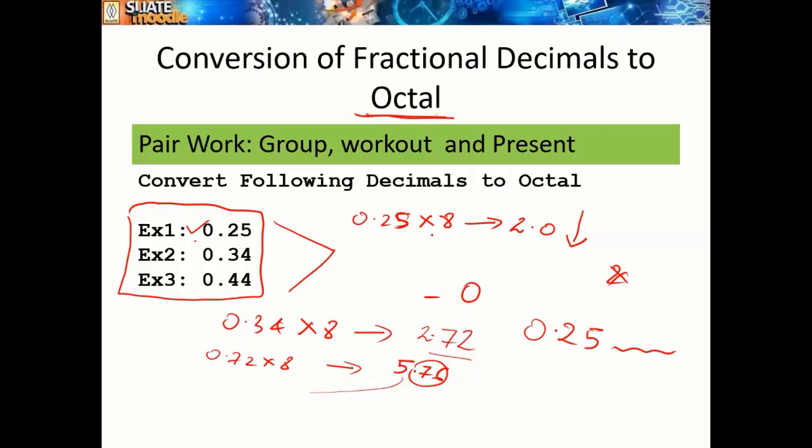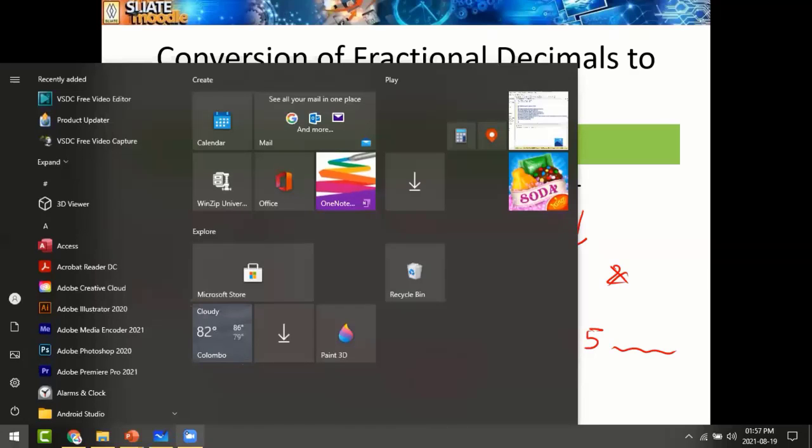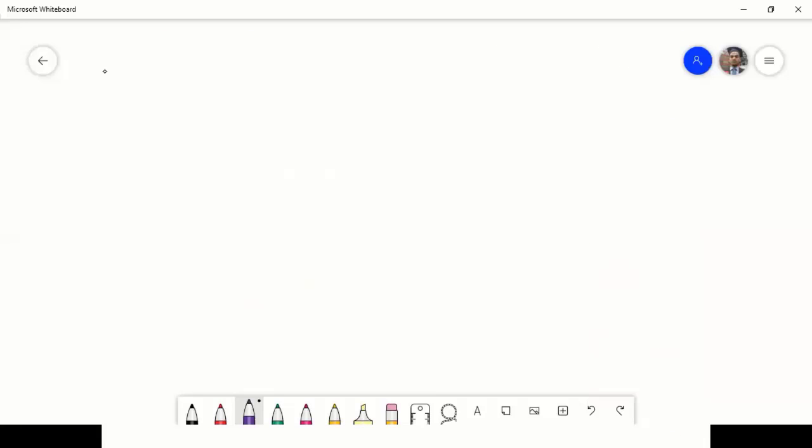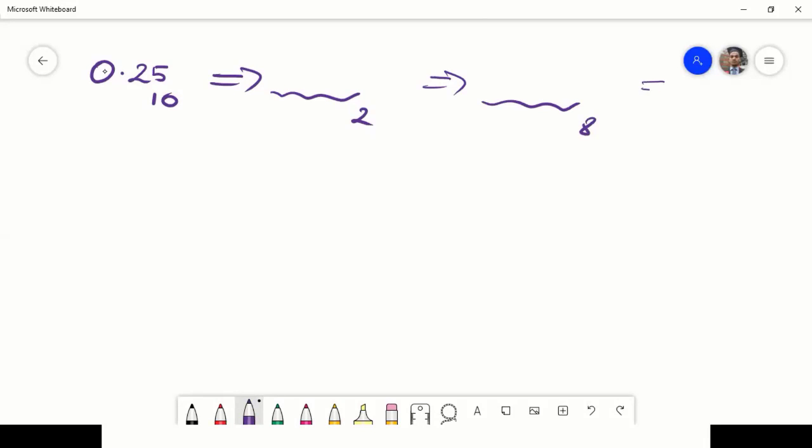I'll take one example and do the conversion for all three values, right? 0.25 base 10. So let's try to convert to base 2, octal, and also hexadecimal, right?